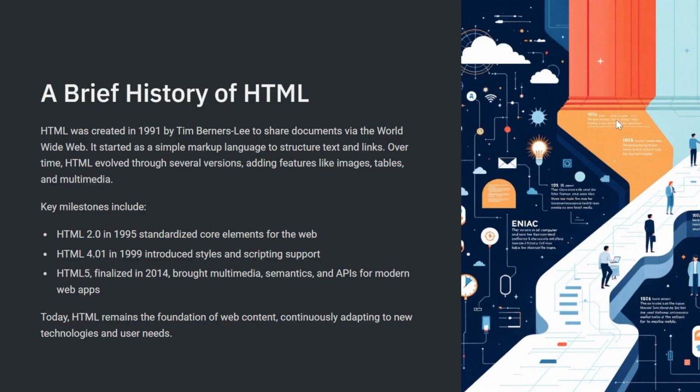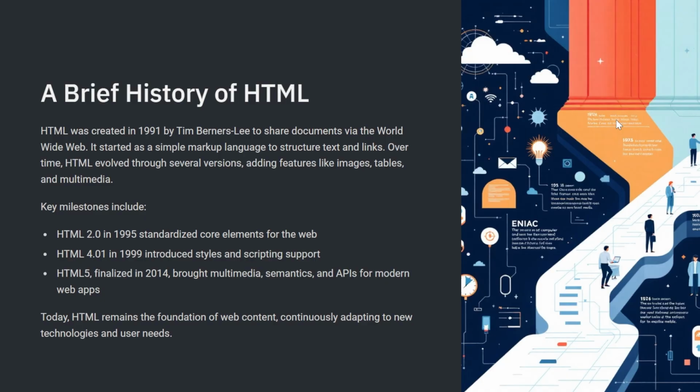Now HTML has been evolving over the years and bringing out several versions, adding features like images, tables, and multimedia. Some key milestones include HTML 2.0, which was in 1995, which standardized core elements for the web. HTML 4.01 in 1999 introduced styles and scripting, that's the CSS and JavaScript.